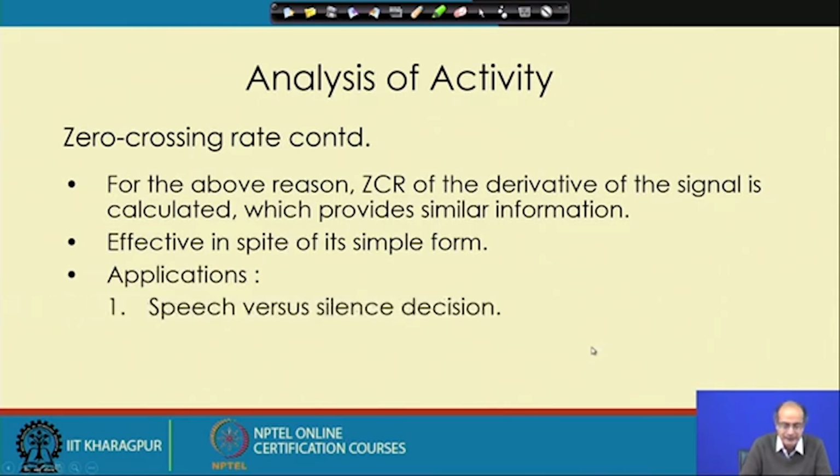The first thing is speech versus silence decision. When we are talking over the telephone or the mobile, we are speaking some time, and in between there are some silence periods where we are either breathing or listening to the other end.